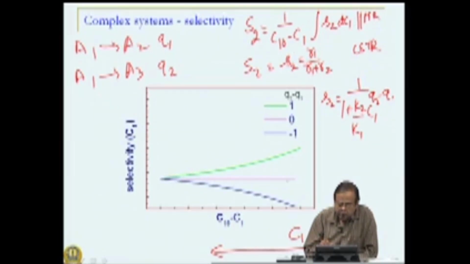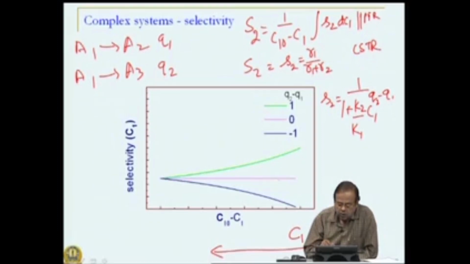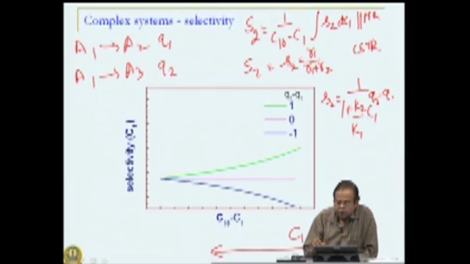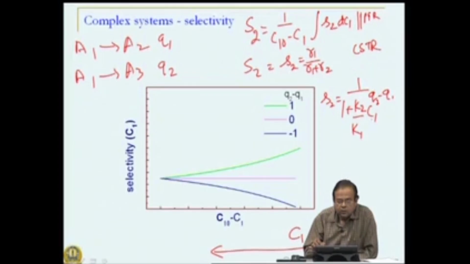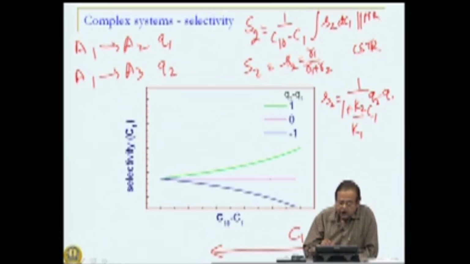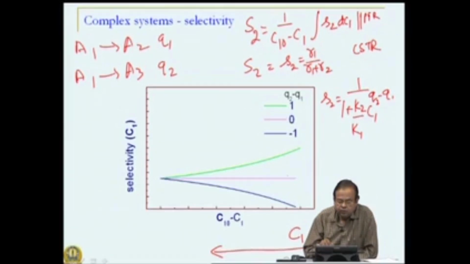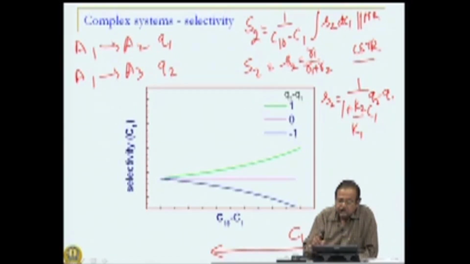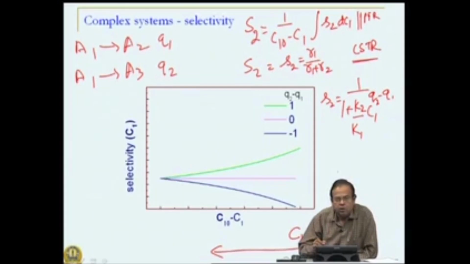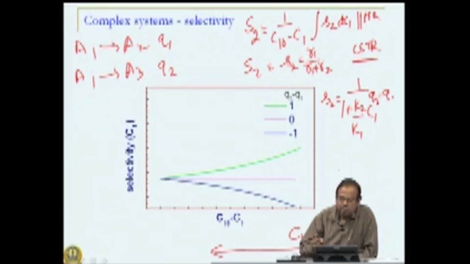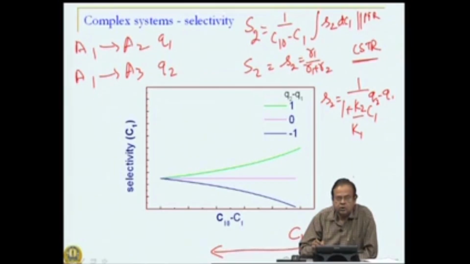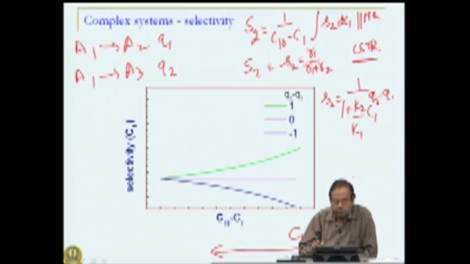Let us say if our Q2 and Q1 are the same, S2 is independent of selectivity, then the area under the curve is the area of the rectangle. Why are we interested in the area of the rectangle? This CSTR line is nothing but the area of the rectangle, and PFR is represented by the area under the curve.